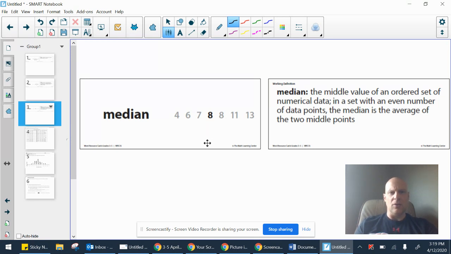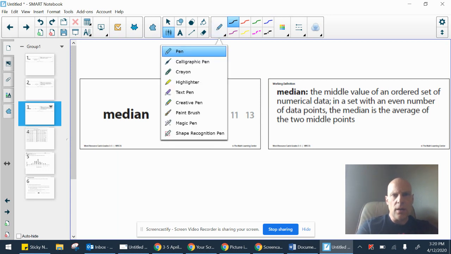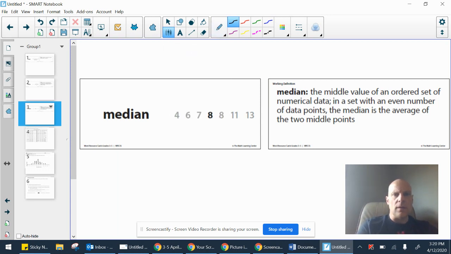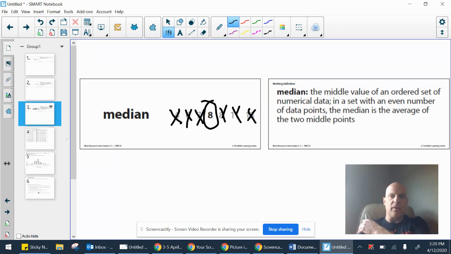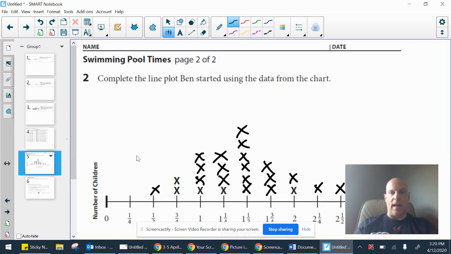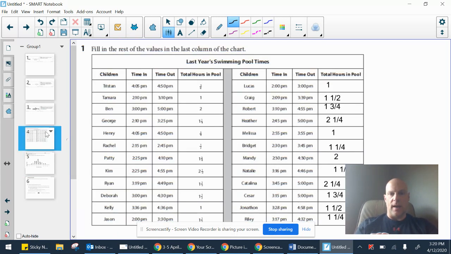A trick that I like to use to find the middle is to cross off the smallest, cross off the biggest, smallest, biggest, until I have one number left, and that would be my middle number. So those are some vocabulary words to be familiar with as we work through analyzing the data in this line plot and this data set.